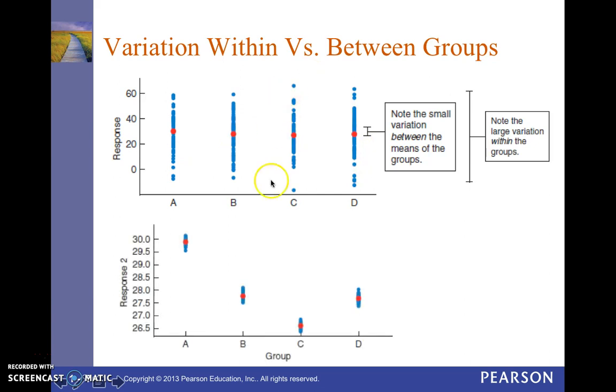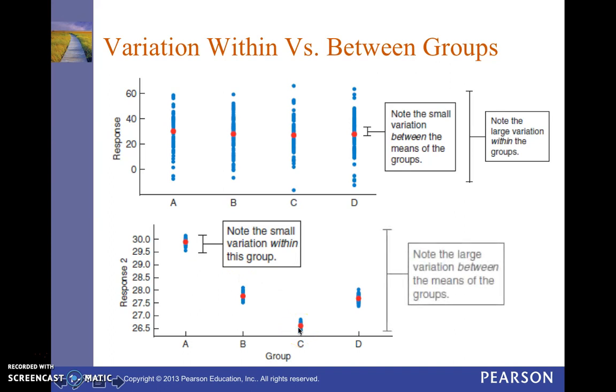Now compare it with this one. In this case, we have small variation within the groups. All the dots are clustered close together, but there is tremendous variation between the groups. These means are differing quite a bit. So these reflect 2 potential situations that you could have.